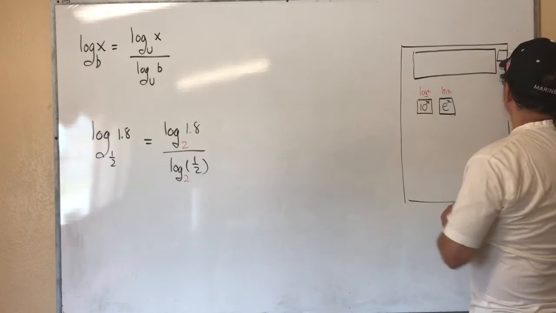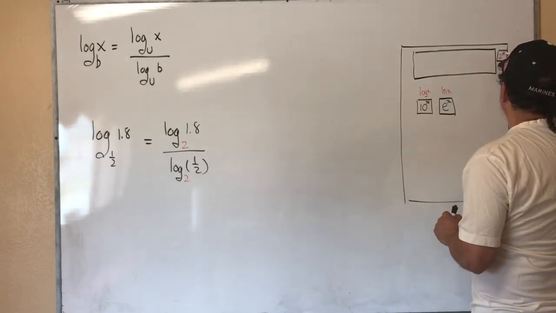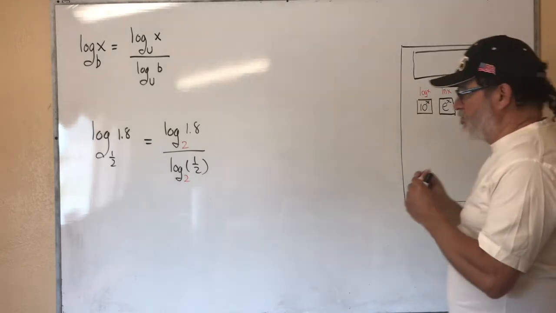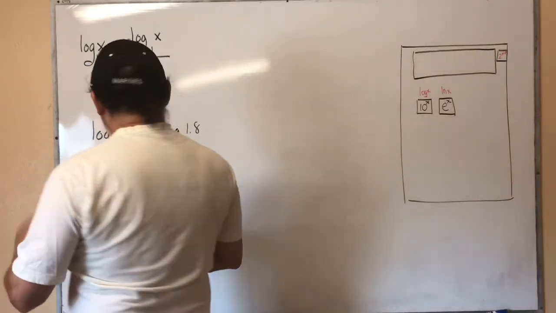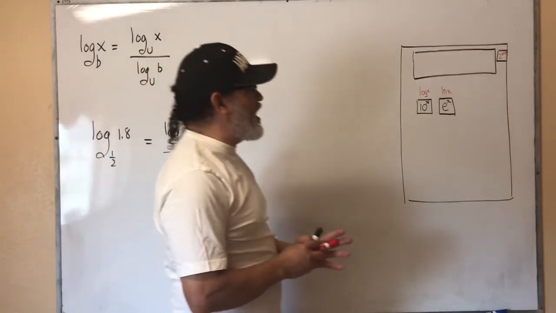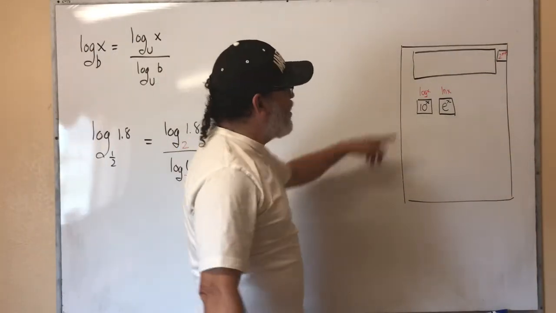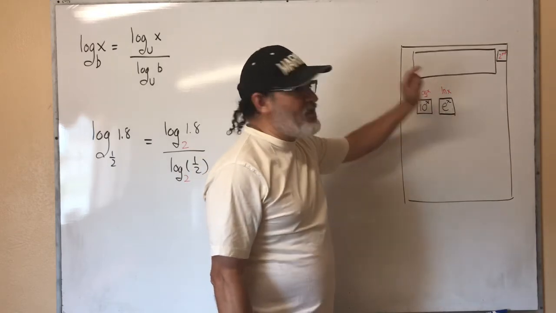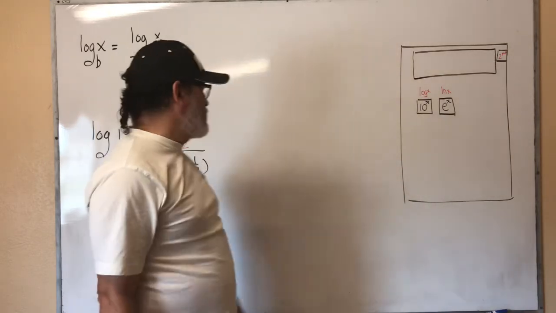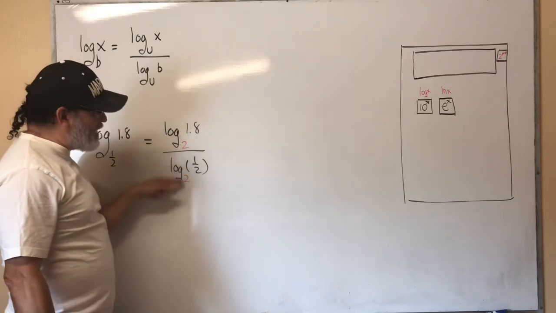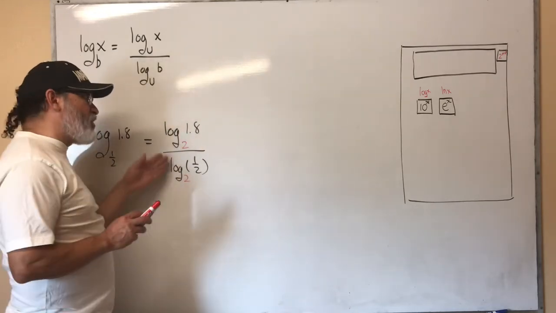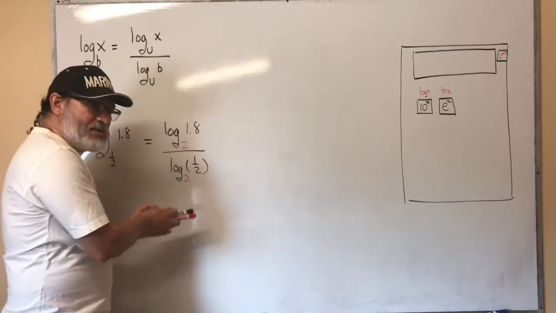And to get those, you better press second. Most calculators only have either log base 10 or log base e. Nothing else. So that's why this base is not convenient. It's not wrong. This is right.